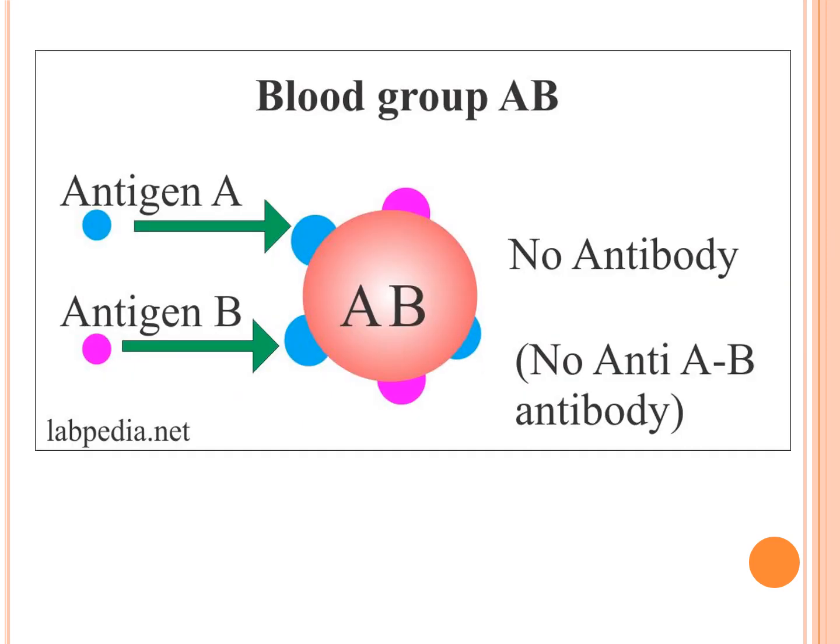Blood group AB. Now here, those people who have AB blood group have both antigen A and antigen B on their surface blood cells, but they don't have any kind of antibody. The same, you have AB positive and AB negative.